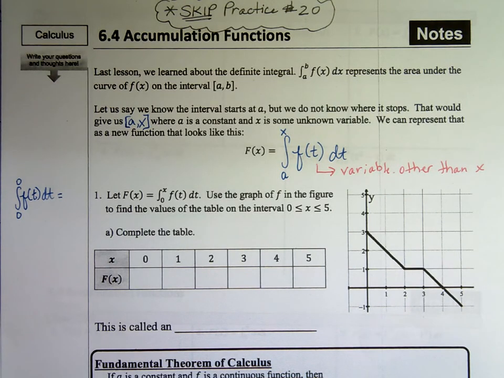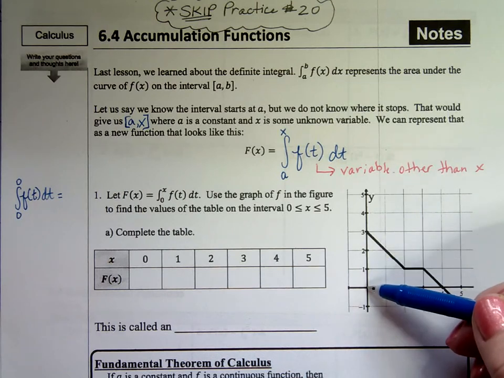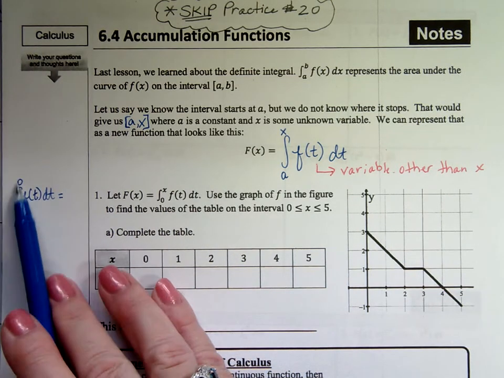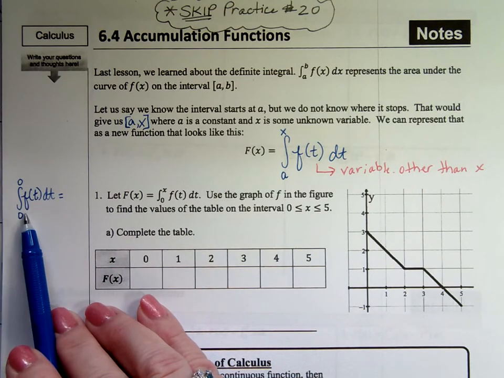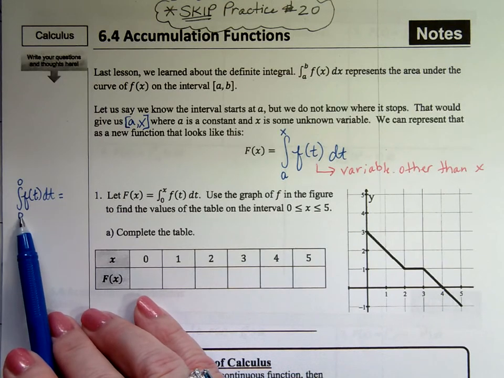Now I can calculate that because that's the area under the curve between 0 and 0. Now think about that logically. If I'm at 0 and I end at 0, how much have I gone? There is no area. I haven't gone anywhere. You have to have a difference in these in order for you to be able to calculate an area. If I'm starting at 0 and stopping at 0, I haven't gone anywhere to get any area.